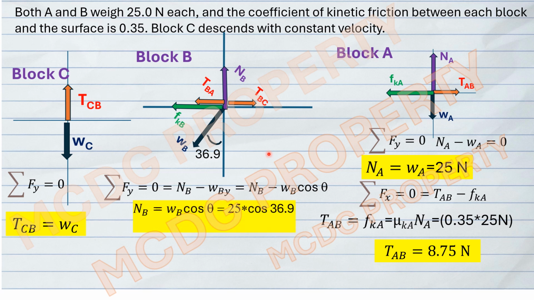Hence, the normal force acting on block B will be equal to WB cosine theta, and that will be equal to 20 newtons.